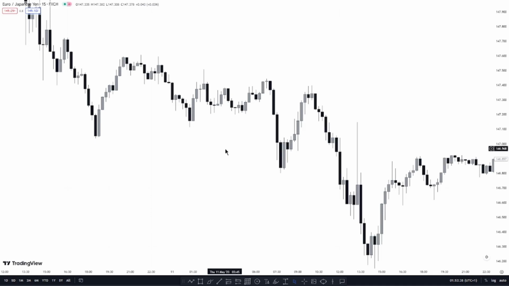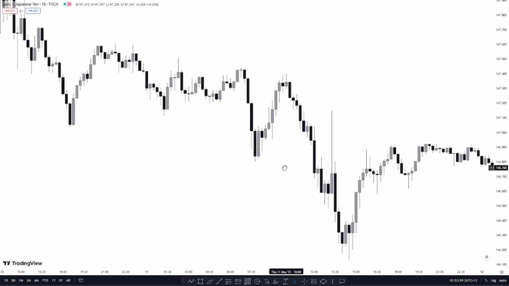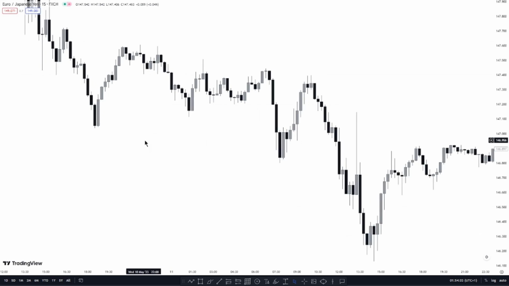Remember I told you there are 3 ways by which you can identify CHoCH, and this was the first way I told you about in that diagram. I've shown you the one that comes from higher time frame POI. Now let me show you the first way here.